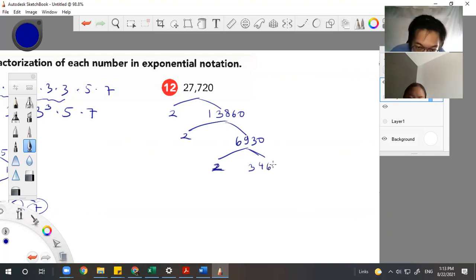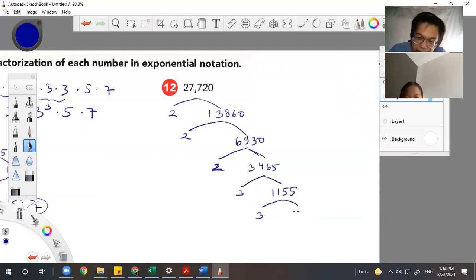3,465, that's okay. Next, can you divide by 2? No, because it's an odd number. Try to divide it by 3. Oh, supposed to do 5, the smaller one? Yeah, the smaller one. But I think it's better, so try to divide by 3. I think it can also. 1,155. Okay. Now divide again by 3. Can it? If it can't, then you just increase the number, become 5.